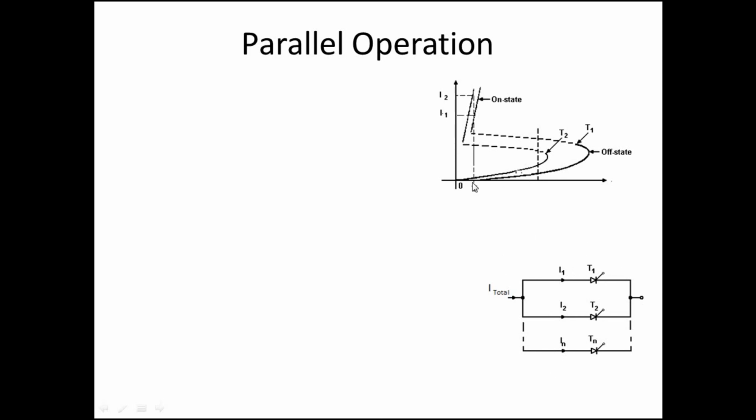So for equal voltage, T1 will be sharing this much current and T2 will be sharing this much current. Again it will be an undesirable condition, because thyristor 2 is sharing more current than its rated current. So it will become heated and it will become damaged.